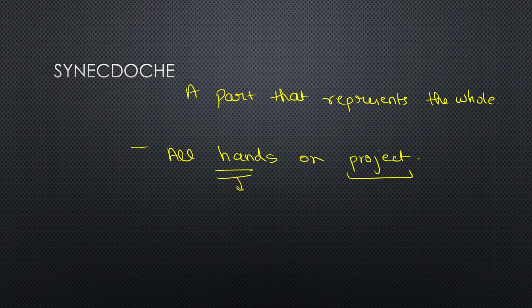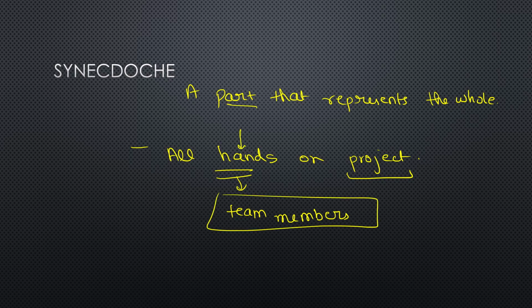So, all hands means help from team members. So, this word hand is being used to represent all of the team members. Yeah, hands refer to people, not just hands. Okay, so it has no literal meaning, it has a different meaning. Correct? Is it clear?